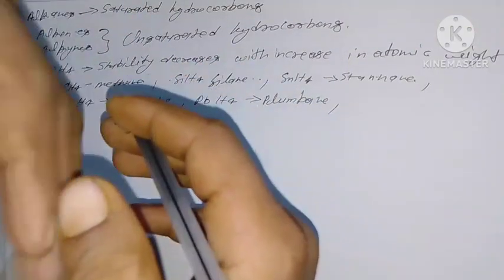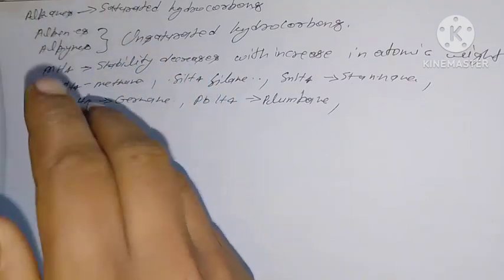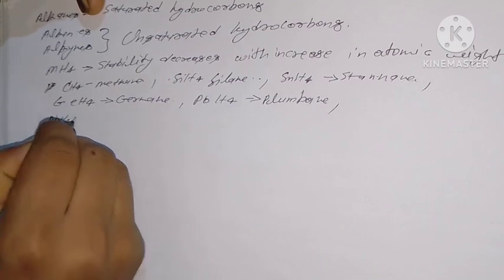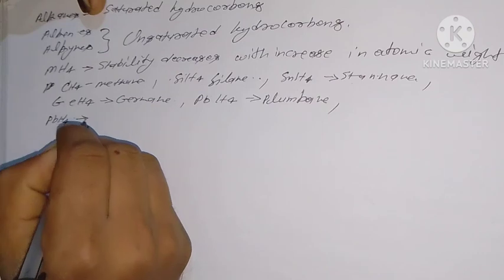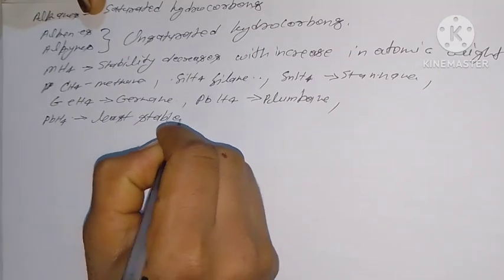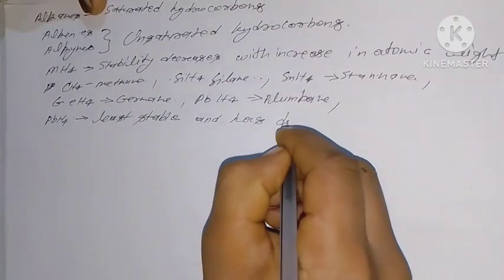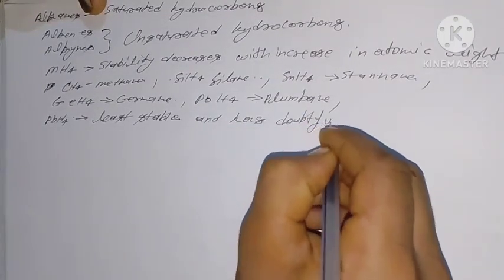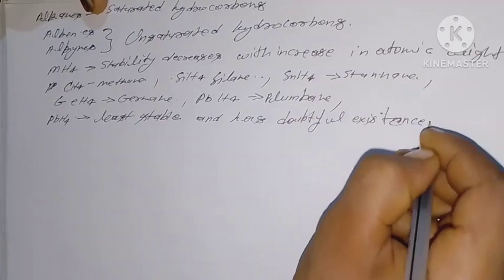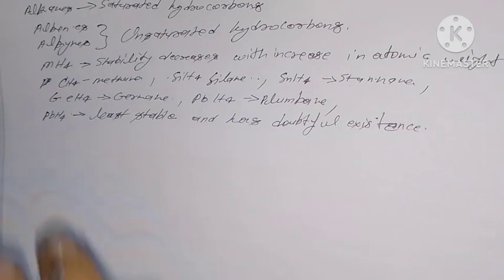PbH4 is the least stable and has a doubtful existence.